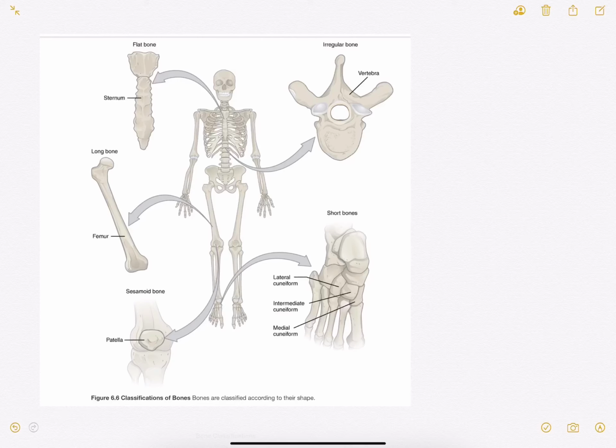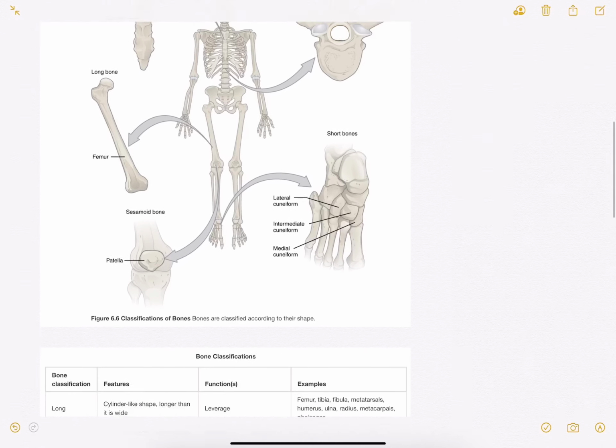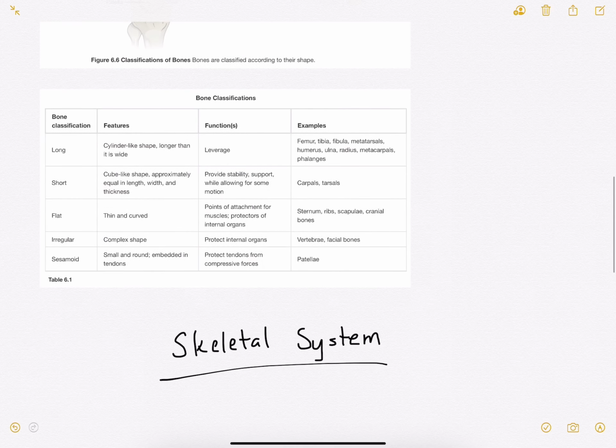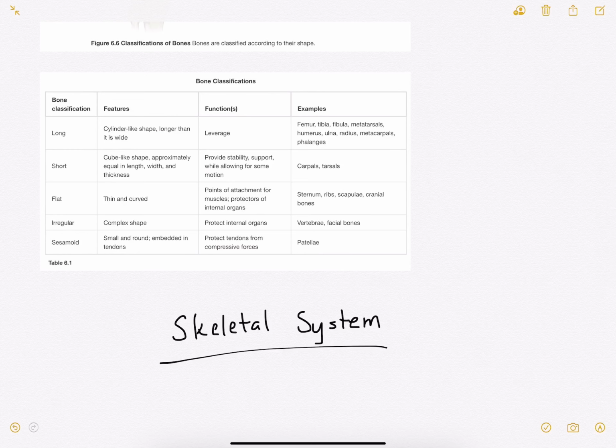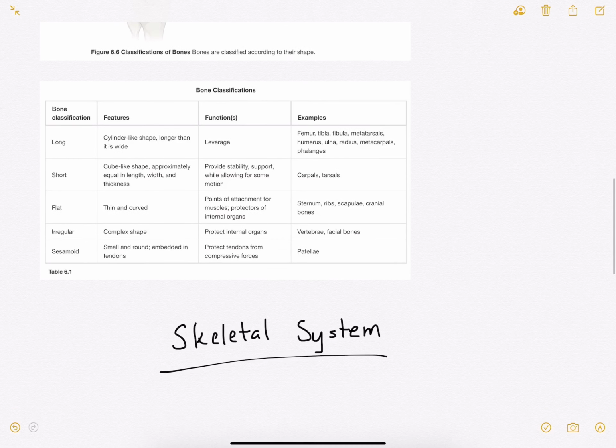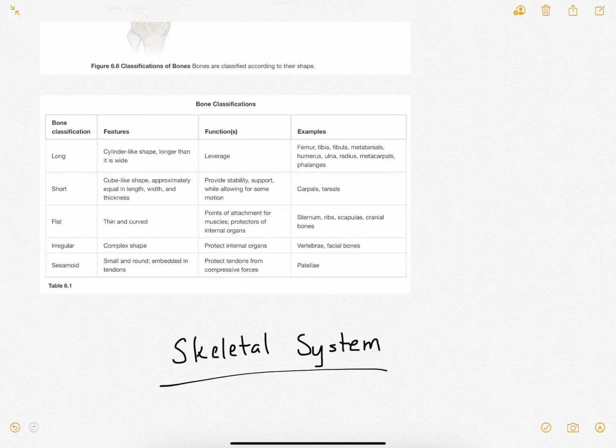Just the name itself tells you what the bone should generally look like. But in the textbook, they also have a table called Bone Classifications, Table 6.1, that explains what each of the five classifications are, the function, and also an example of a specific bone under that classification. So we're going to go over this table real quick, beginning with long bone.